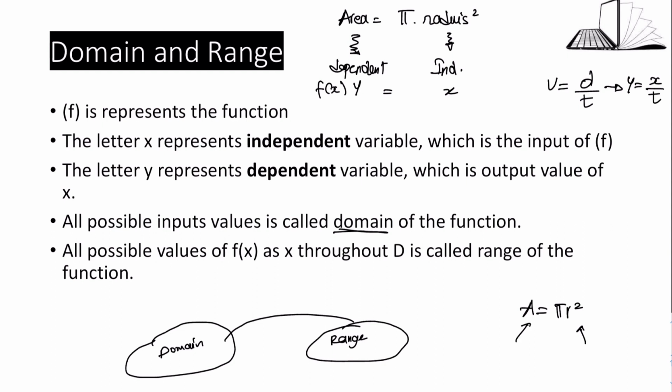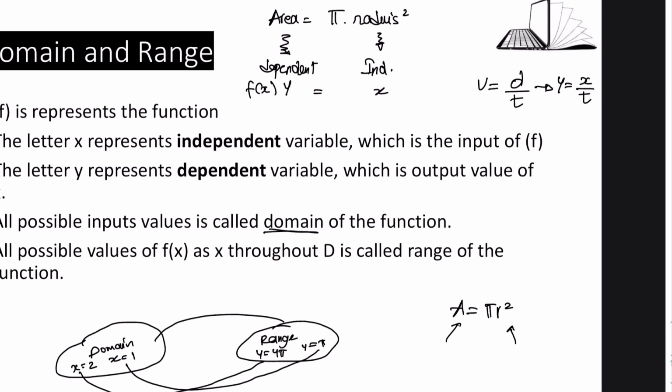Let's say x is equal to 1, then the area is y equals pi. If x is equal to 2, then y is equal to 4 pi. So the duty of the function is to take us from the domain to the range.